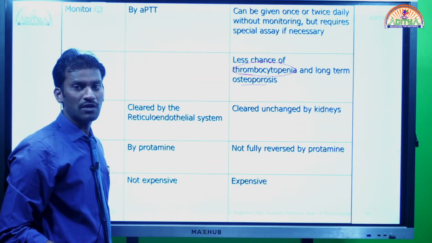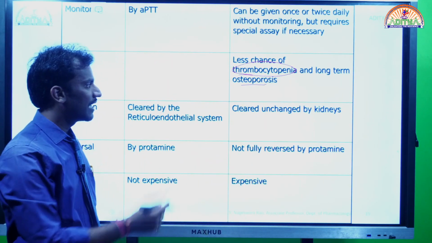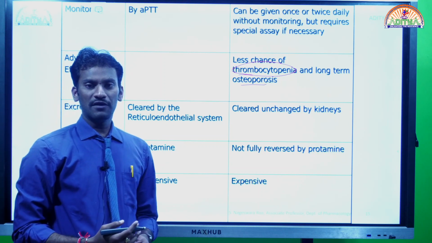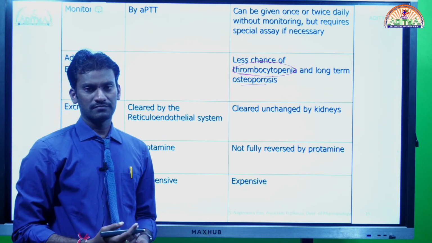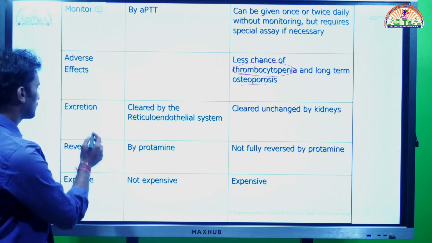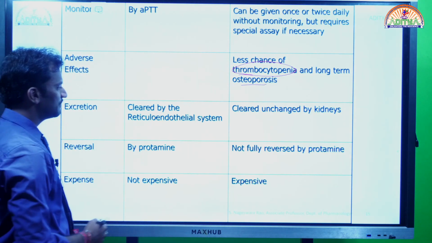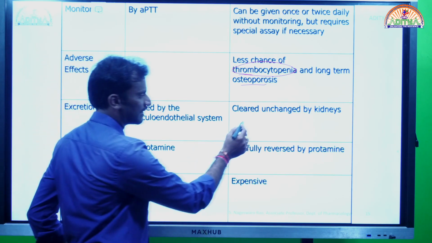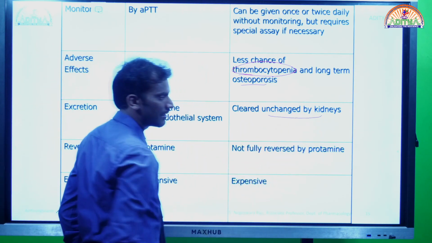Thrombocytopenia is a decreased count of platelets, and osteoporosis means fragility of bones. Excretion: it is cleared by the reticuloendothelial system, and it can be cleared unchanged by the kidneys.